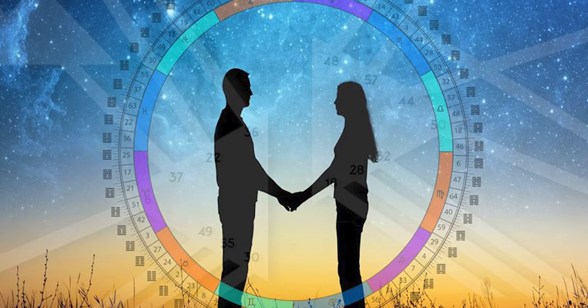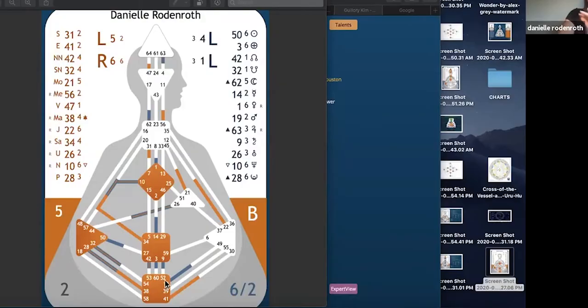What's also interesting, if you are a simple split like me, is that the biggest conditioning areas of your chart are going to be the bridges more than the centers. So for me, the 52, the 60, 53, 27, 57. This would be my ideal soulmate.